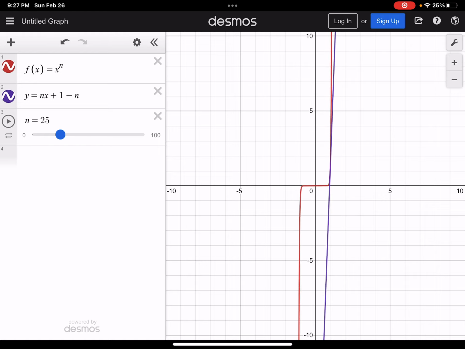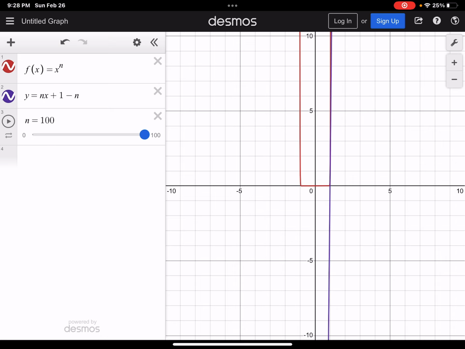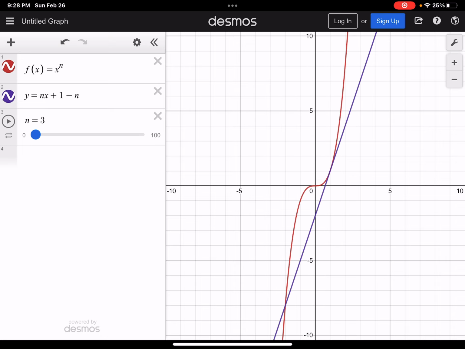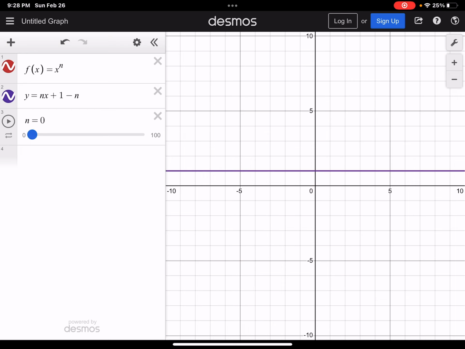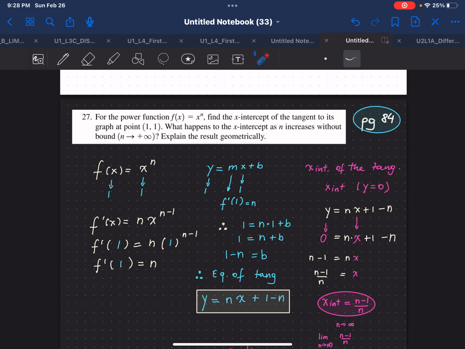I set the slider from 0 to 100 so that we can see more of it. I'm going to leave it here at 0 because that's kind of interesting. And then I wrote down the equation of the tangent line y equals nx plus 1 minus n. This is the equation of the tangent at (1, 1), right?